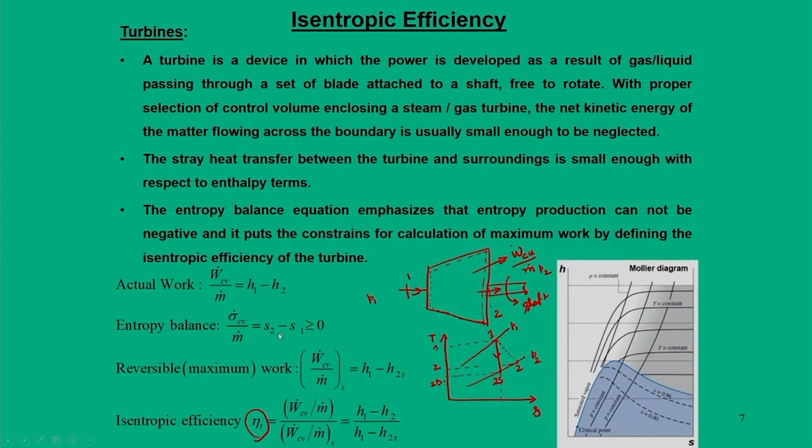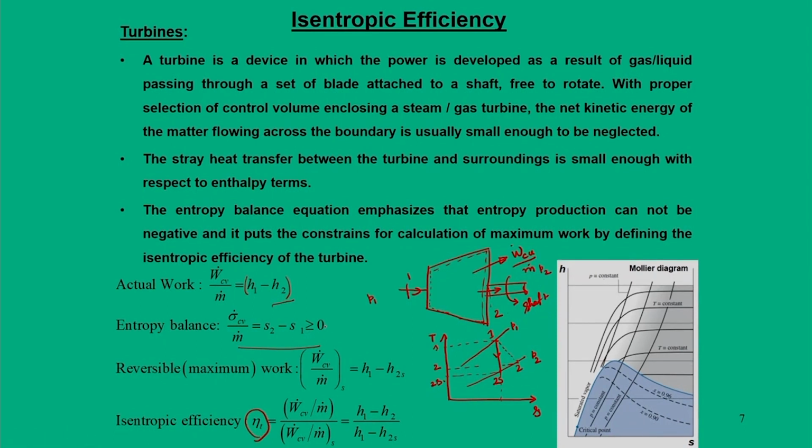From these expressions we can find the actual work. So, actual work is H1 minus H2. In fact, this H1 minus H2 term comes from the steady flow equations, and when you do the entropy balance for the control volume, we can write S2 minus S1 is greater than or equal to 0.